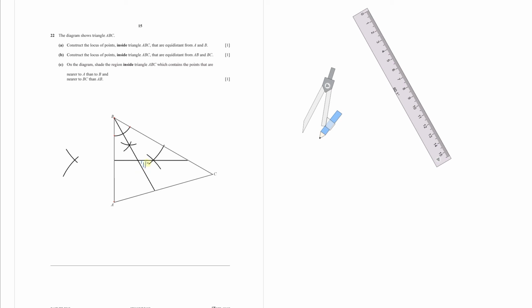So it's below the perpendicular bisector and towards the right of the angle bisector. So all the points in the region are closer to A compared to B and closer to line BC compared to line AB. So this whole region here would be shaded.